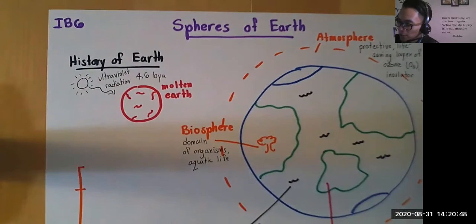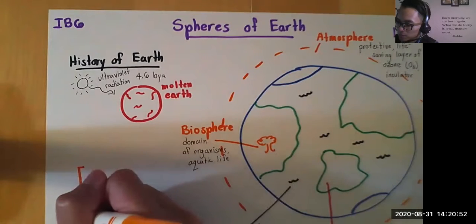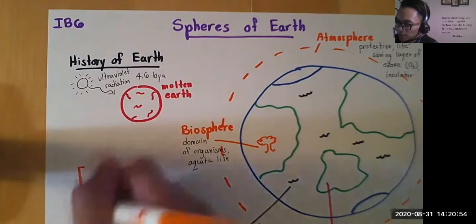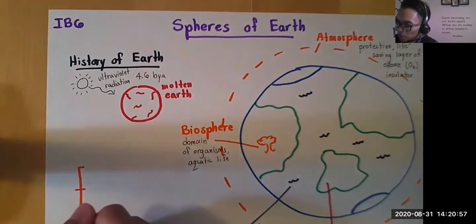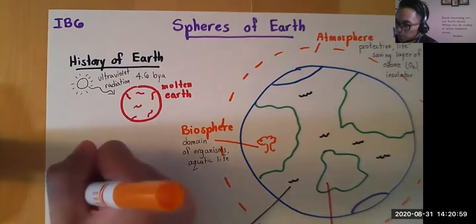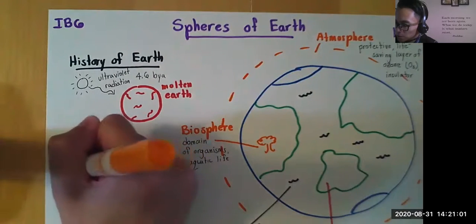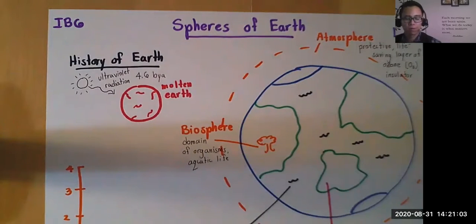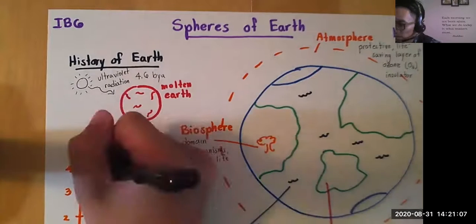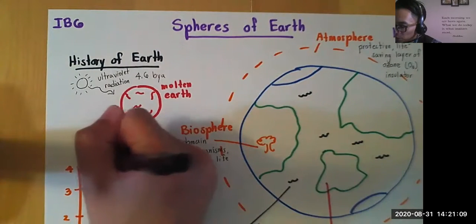So down here on this timeline is now. And the ticks on this timeline are 1 billion years ago, 2 billion, 3 billion, 4 billion years ago. Earth was formed about 4.6 billion years ago. Formation.